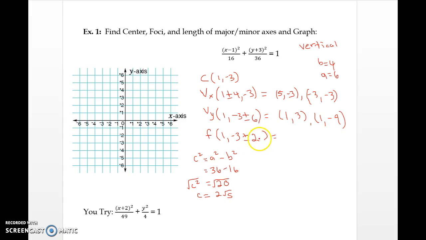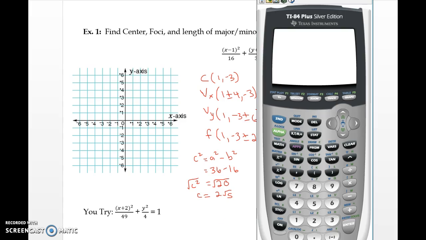If you want to change this to a decimal, you can. That's totally fine. Or you can keep it in simplest radical form. But writing root 20 is not going to be good enough. You're going to have to write 2 root 5 or write it as a decimal. If you want to write it as a decimal, we can bring up the calculator here.